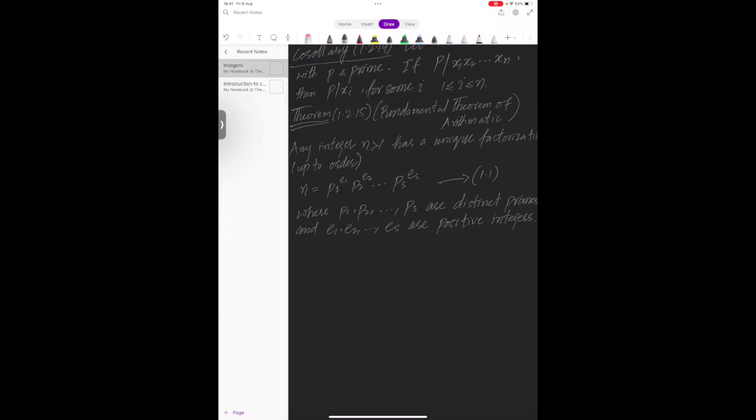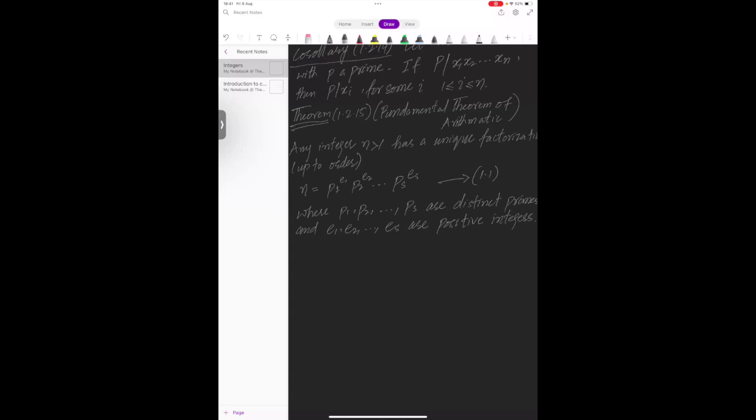I can prove this using the previous information, but that would be a very long lecture. So we will just skip this and talk about some of the corollaries and then another important theorem.